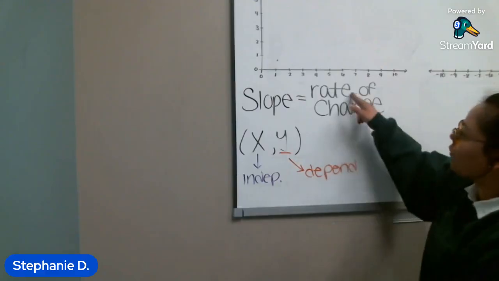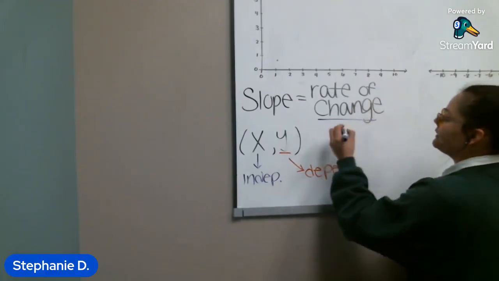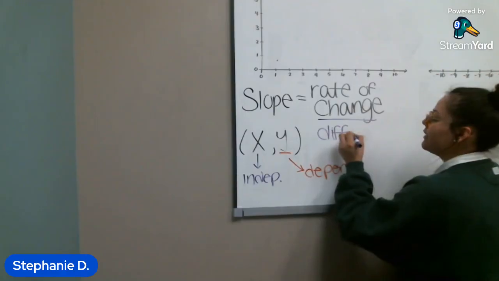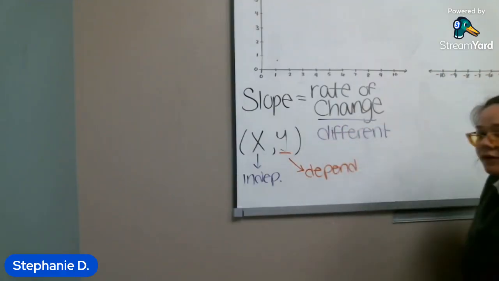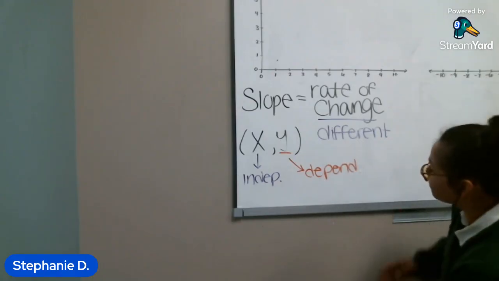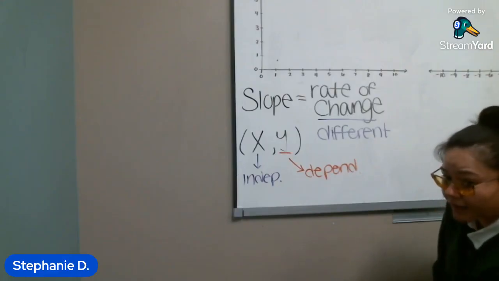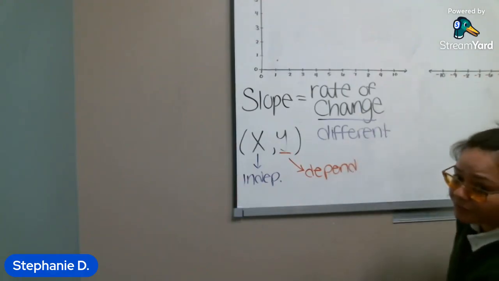When we're looking for a rate of change, change means difference between two sets of numbers. That means we're going to use two different points on a graph and look for the difference, and we'll be able to find slope.